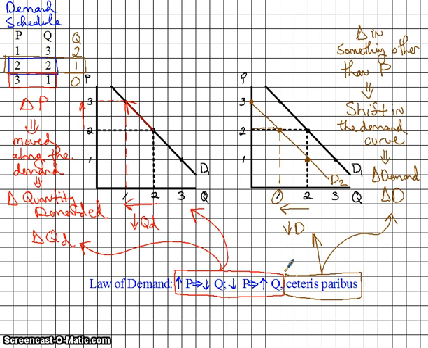I think about it this way: the first part of the law of demand is the change in the quantity demanded, the moving along the curve. That's all this stuff over here. And the second part of the law of demand, the ceteris paribus, is the change in demand, and that's this over here.